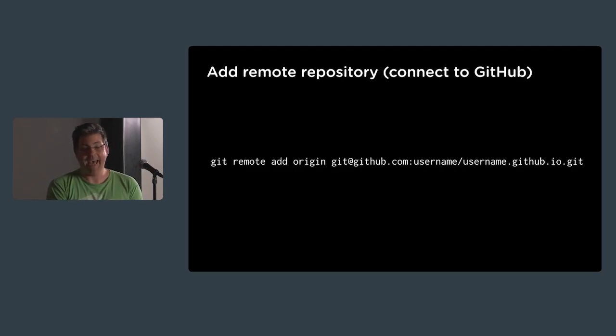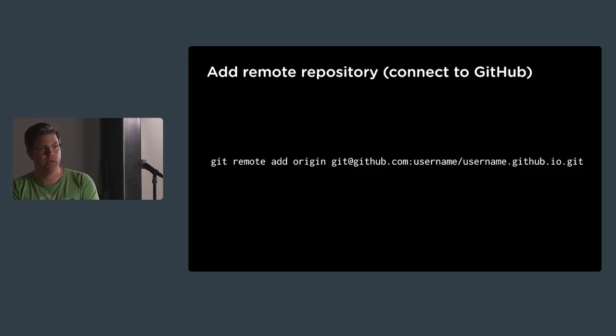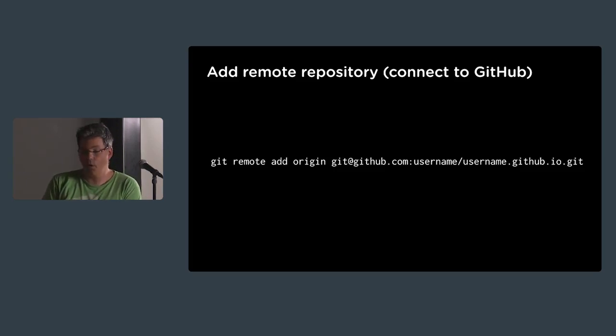Now we add a remote repository. This is how we tell our local computer that the files we're working on in our local repository are really connected to GitHub, to this repository that exists in the cloud on GitHub's website. It's a lot to type, but you type git remote add origin.